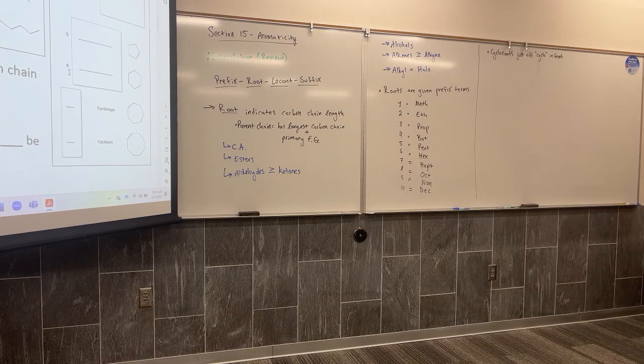What would we give the prefix or the root for this 6-membered ring? Cyclohex. For a 5-membered ring? Cyclopent. Here we've got our 4-membered cyclobut, which would take what shape? Square. Just a square. Cycloprop takes what shape?